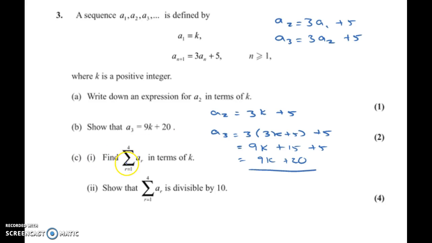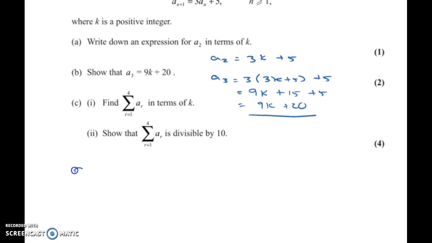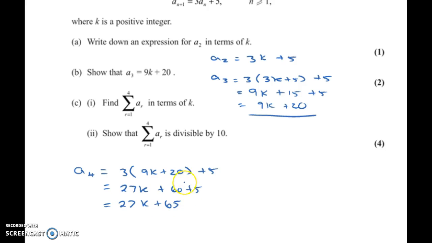Part C, it says find the sum of the first 4 terms in terms of k. Again, we've got A1, A2, A3, it's just as easy to find A4. A4 is 3 lots of A3, add 5, which is 27k, add 60, add 5, which is 27k, add 65.